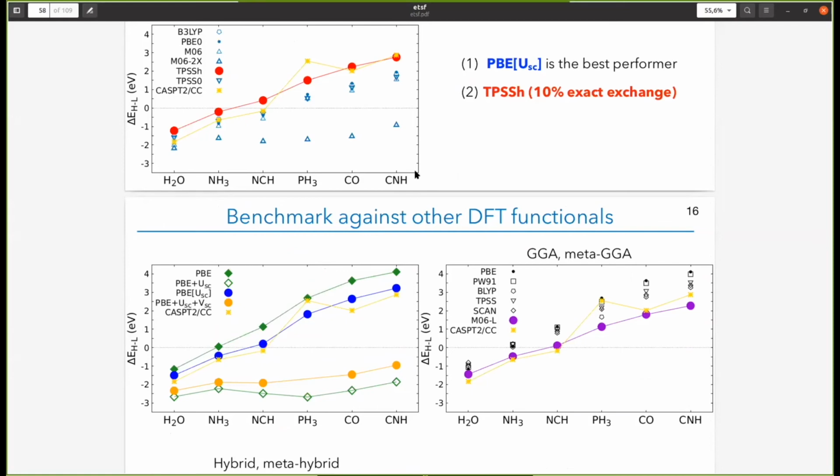So if you are treating a big system in which, for example, PB plus U or PB is not enough, if you can use the PB plus U density along with another functional, well, in principle, yes, you could try. Of course, the PB plus U density is correcting the density around the metal center. So you cannot expect that the density is much different with respect to the PB one far from the metal center. I think.